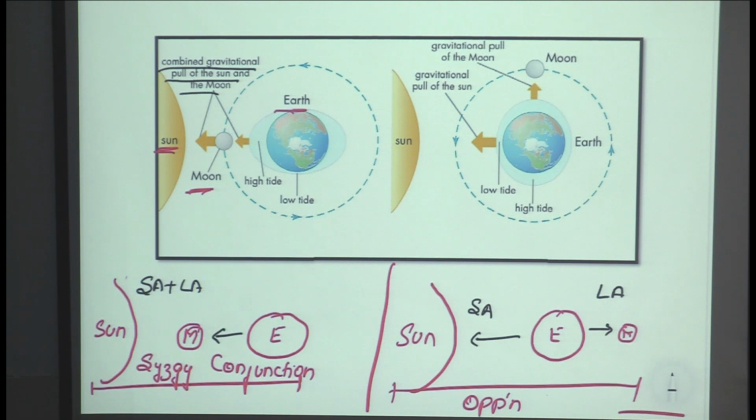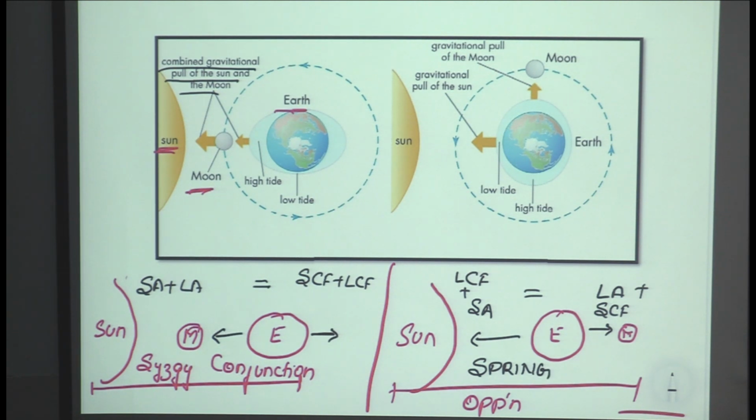And mind it, every attractive bulge tends to develop an equal and opposite centrifugal bulge. So it equals solar centrifugal plus lunar centrifugal, and here solar attraction is with lunar centrifugal and lunar attraction is with solar centrifugal. Which type of tides are developed? Spring tides.